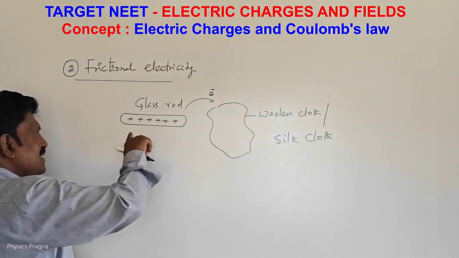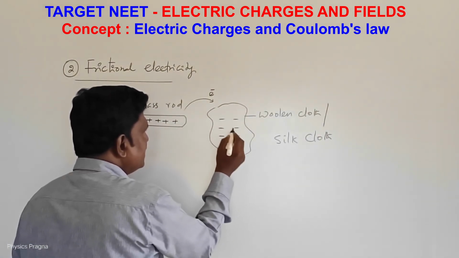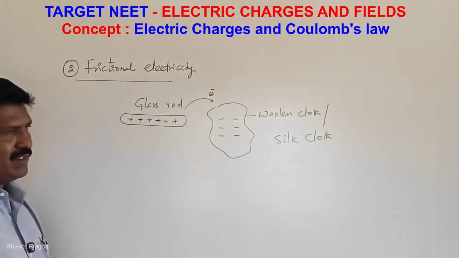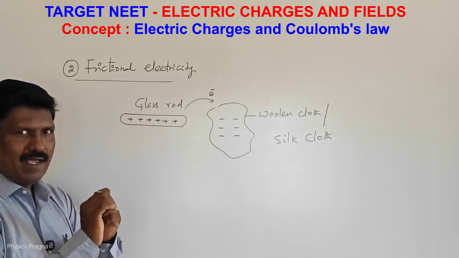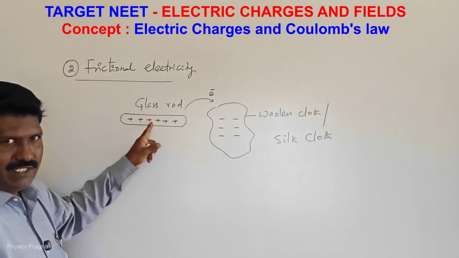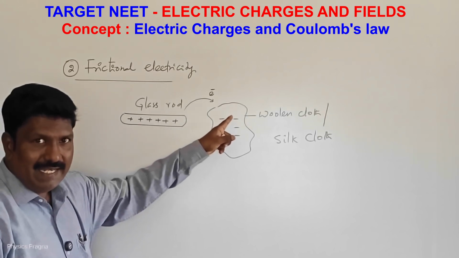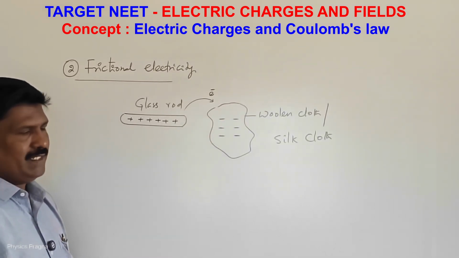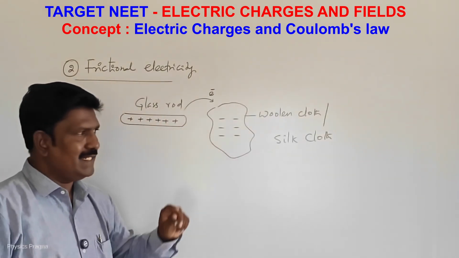These 6 electrons went onto the surface of the cloth. That's why after rubbing, this glass rod turns into a positively charged body, and this silk cloth turns into a negatively charged body. So this is what happens in frictional electricity.